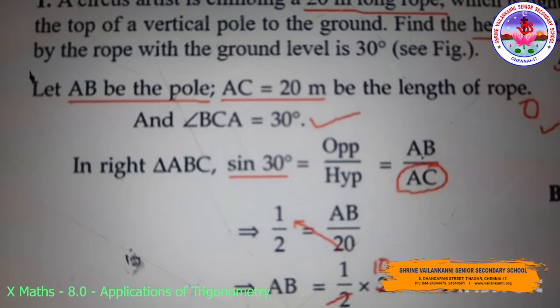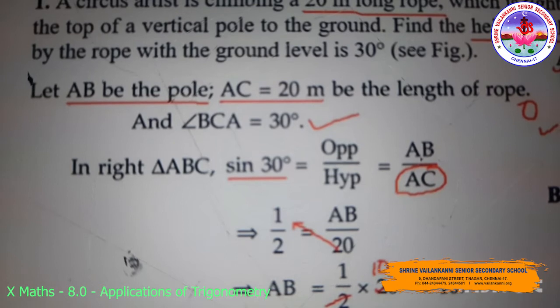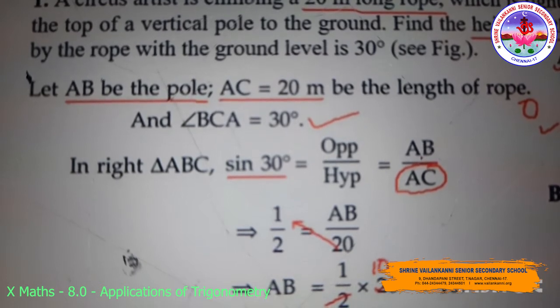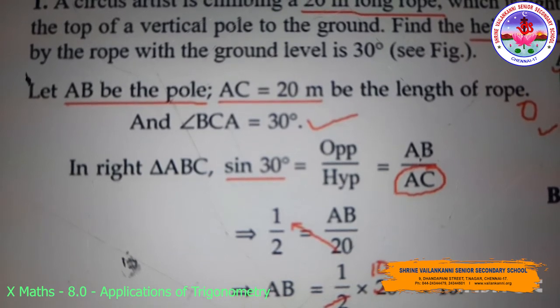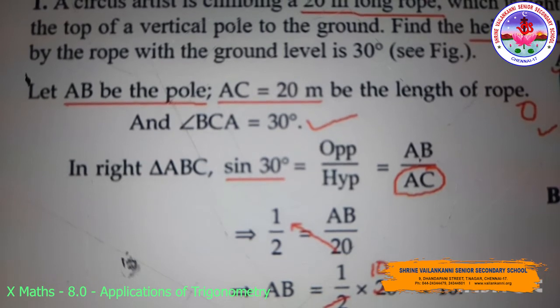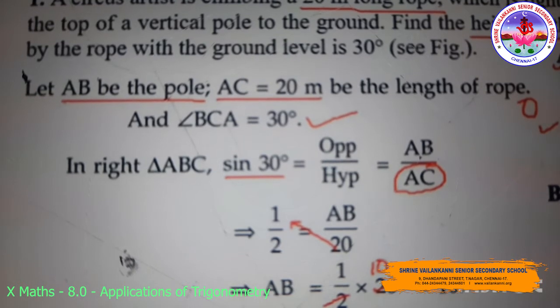So we have the trigonometric ratio sin theta is equal to opposite by hypotenuse. So we are going to select sin theta, where theta is 30 degrees, the angle of elevation in this problem. So sin theta is equal to opposite by hypotenuse, where the opposite side is AB and the hypotenuse is AC.